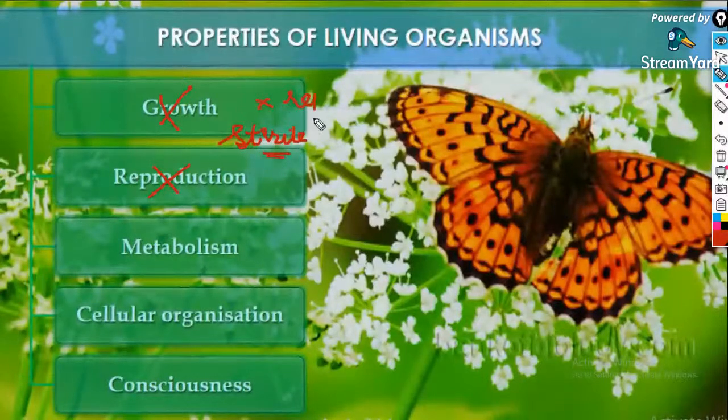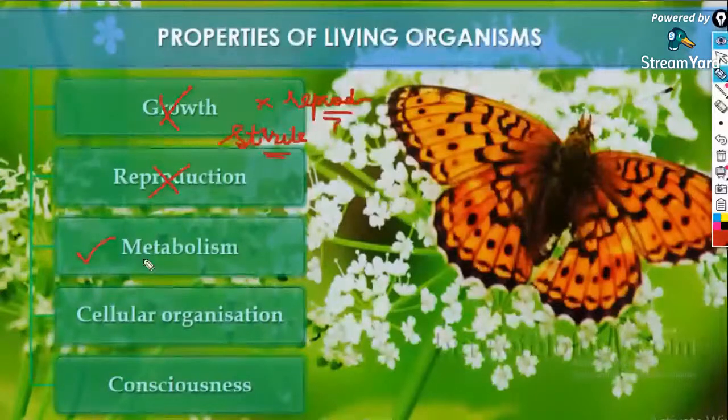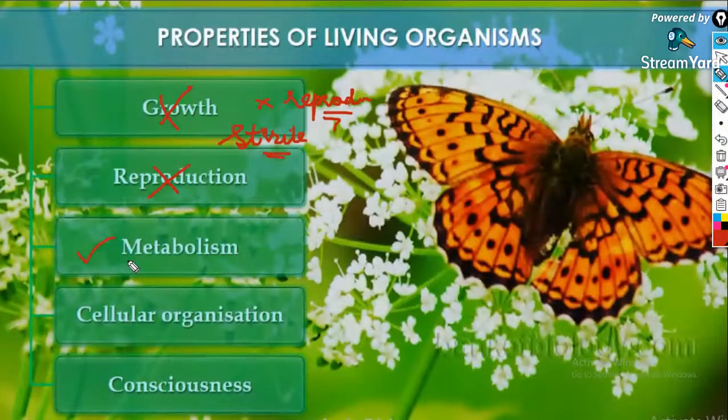Third one is metabolism. Metabolism is the sum of all the chemical reactions taking place inside our body. Listen to the definition: metabolism is the sum of chemical reactions which are taking place inside our body. Most of you were asking doubts regarding reactions that take place in the laboratory, the in vitro fertilization, the in vitro reaction.